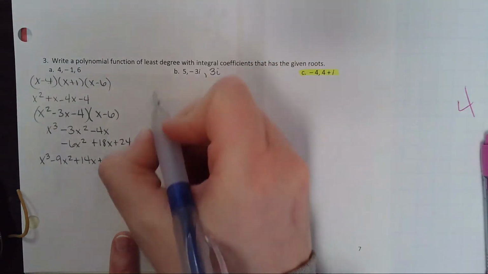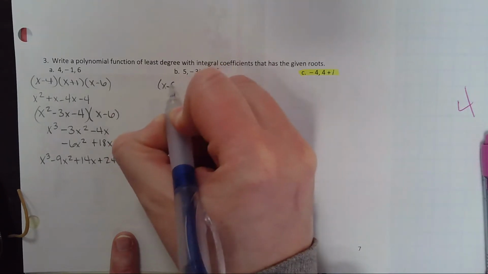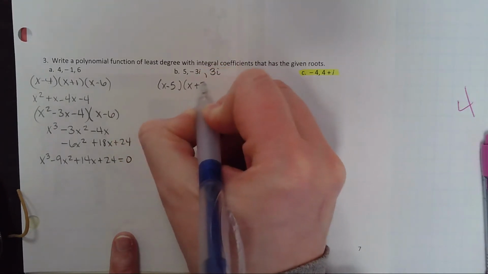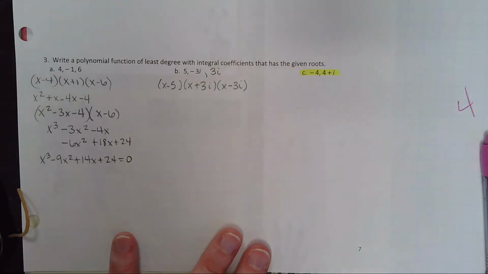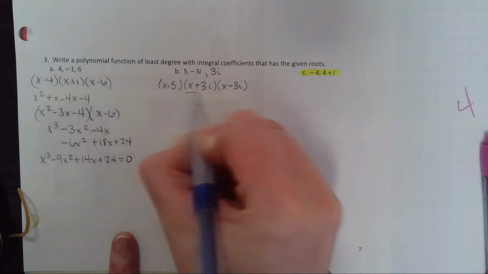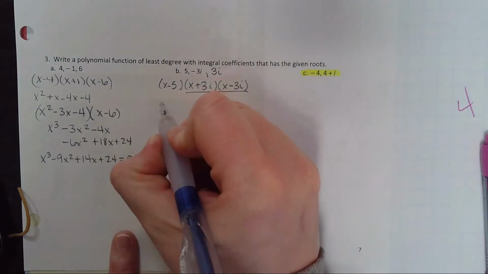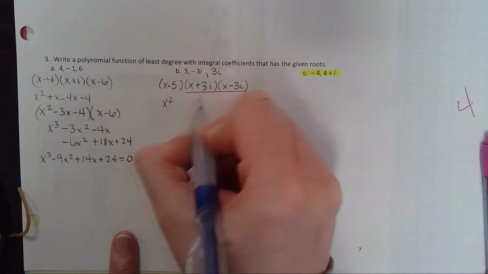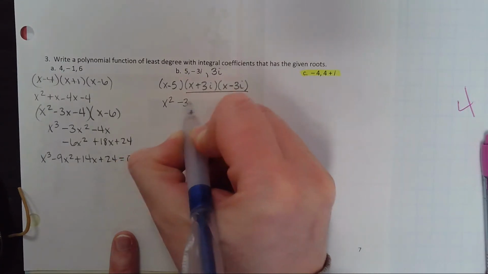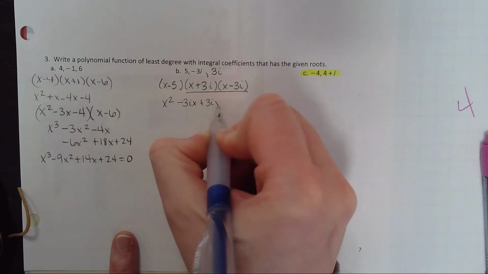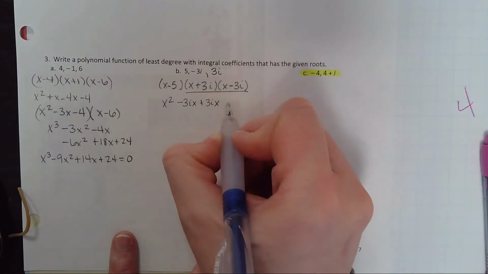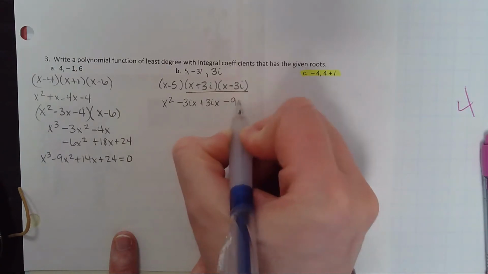So the opposite of each of these is x minus 5, x plus 3i, and x minus 3i. When I have my conjugates, I always multiply the imaginary two first with the i's before I do anything else. So when I multiply these, I'm going to get x times x, which is x squared, x times -3i is -3ix, and positive 3i times x is positive 3ix, and positive 3i times -3i is -3 times 3 is -9i squared.